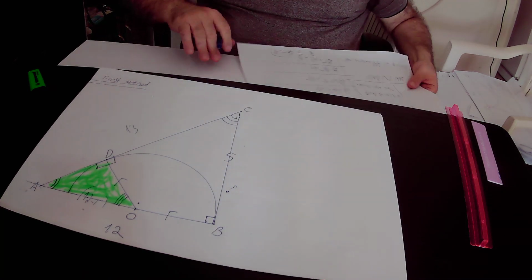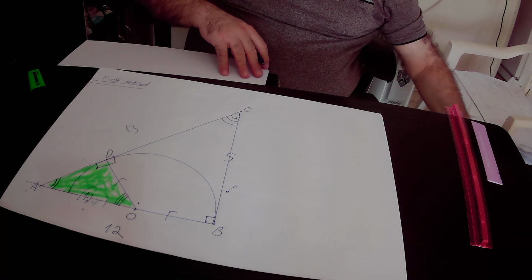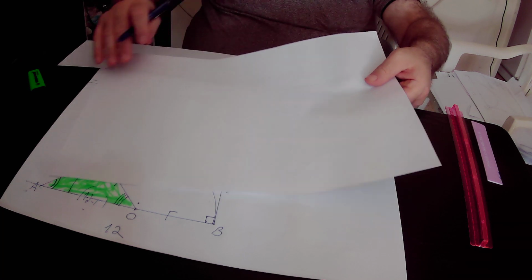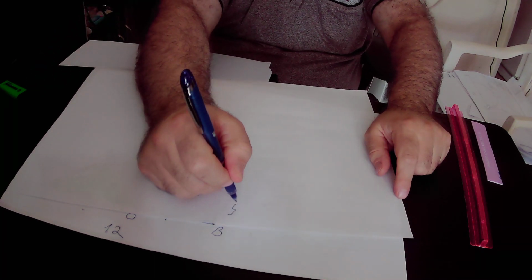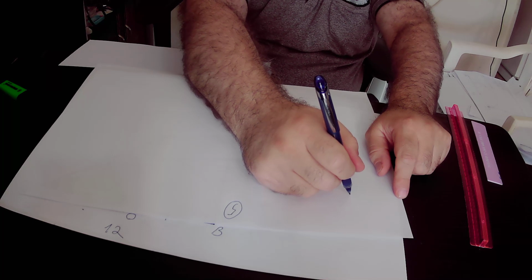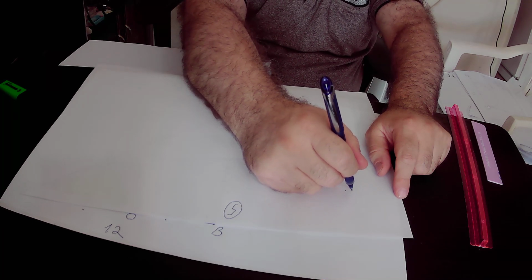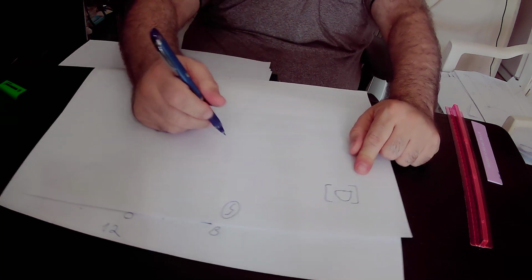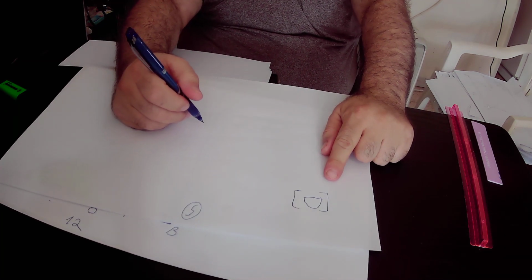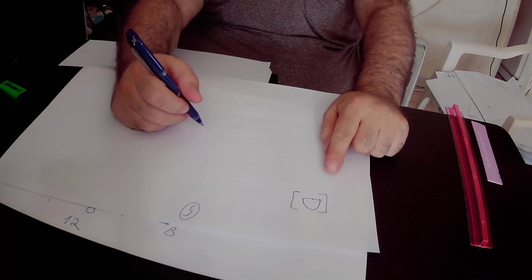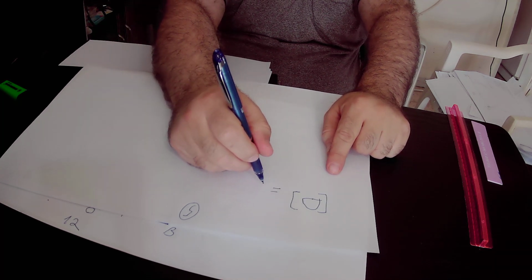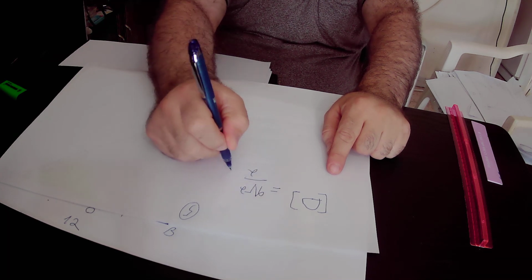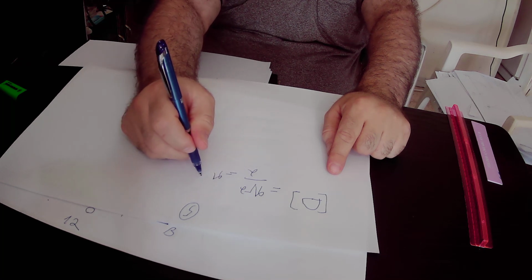And the area of the semicircle, actually here the brackets are the sign for the area. It means the area of the semicircle equals pi r square over 2. So it is pi, and r is 10 over 3.